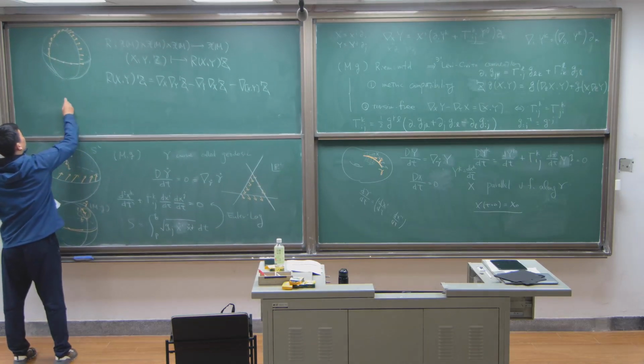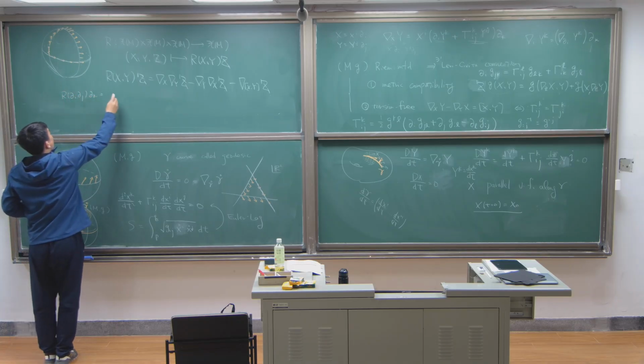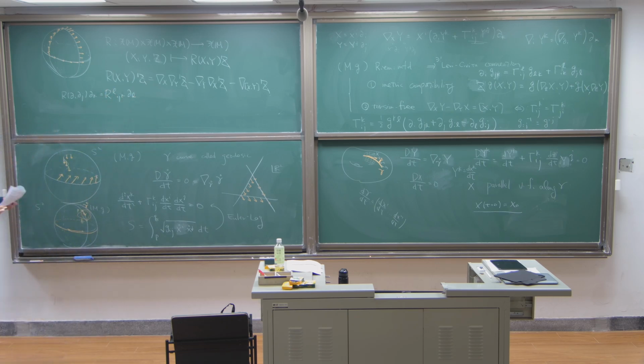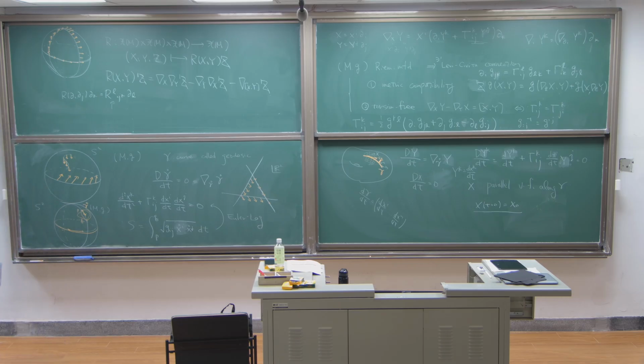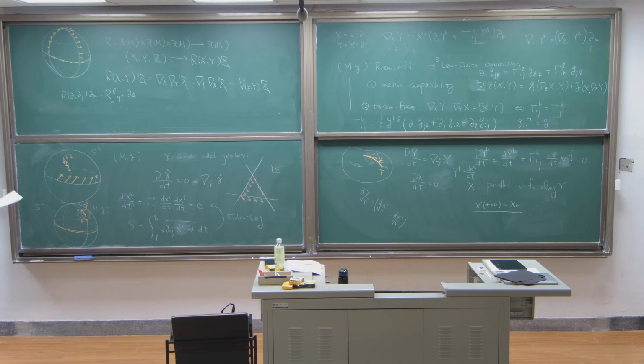And again, if you write down local coordinates, one can write it like this. This is the textbook expression used in general relativity, using the coordinate basis. Okay.